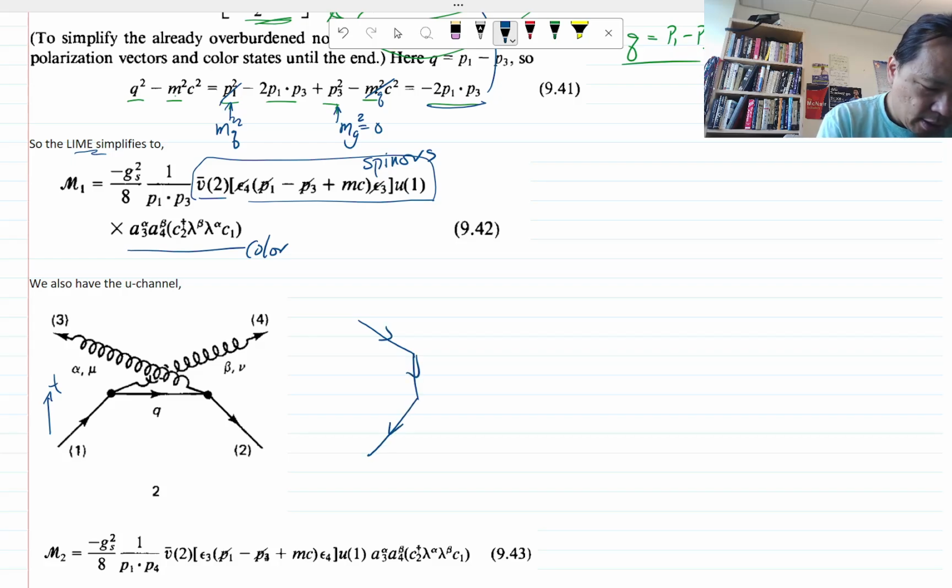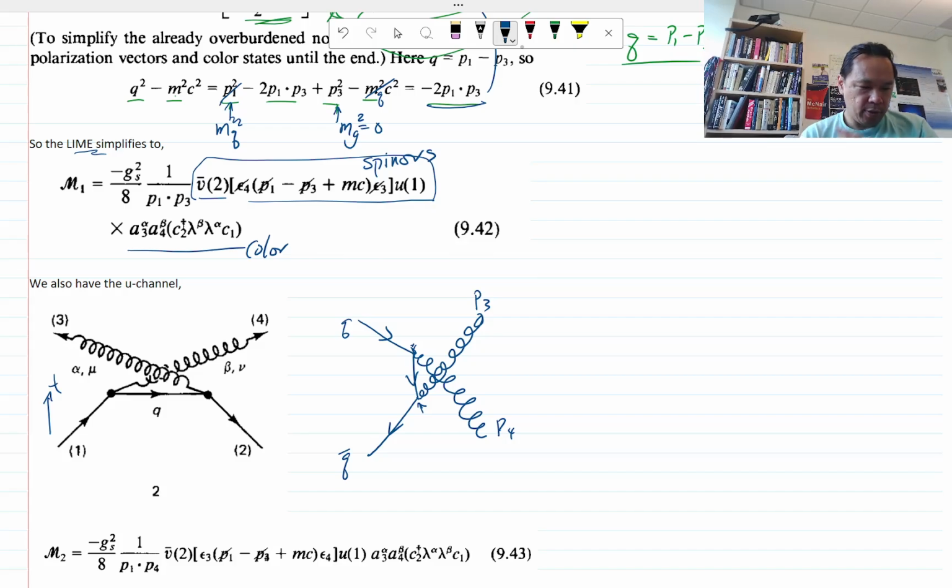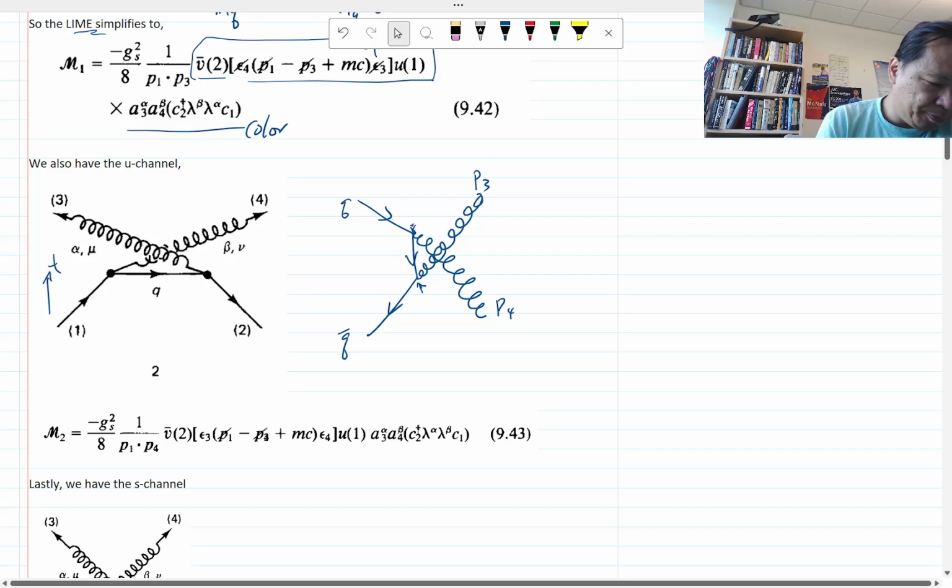I'm not going to write all the P's and the C's and the S's, but hopefully you see what this looks like. You have an incoming quark, you have an incoming anti-quark. As opposed to these gluons splitting out into their respective directions, they actually cross each other. So this gluon P3 actually comes from this vertex. This gluon P4 actually comes from this vertex.